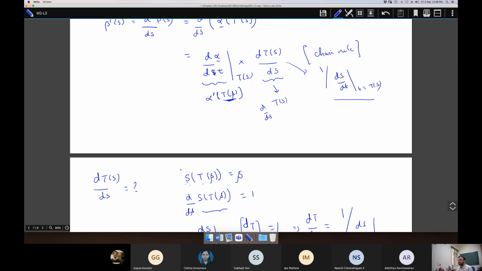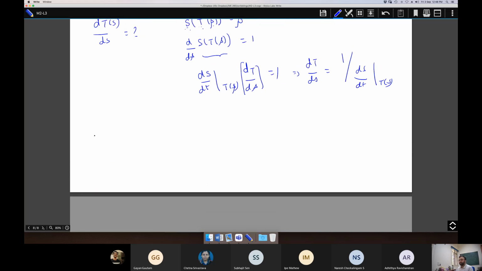Okay, so in this way, we now know that d beta by ds equals d alpha by dt evaluated at T of S times 1 by ds by dt evaluated at T of S. Correct?